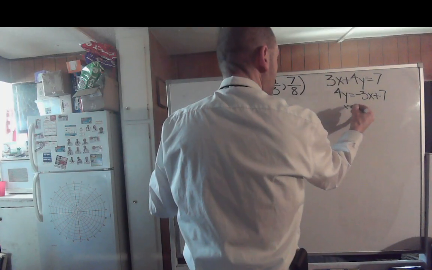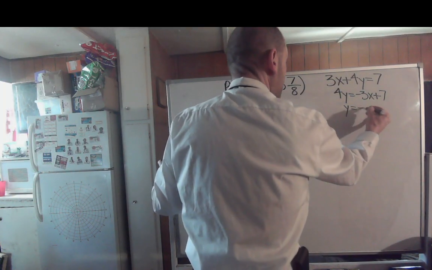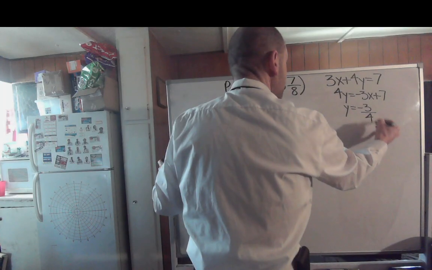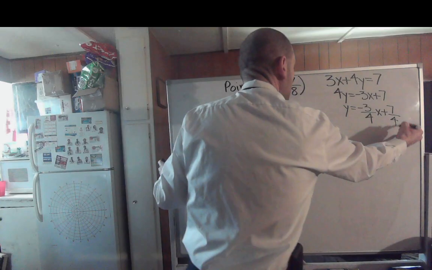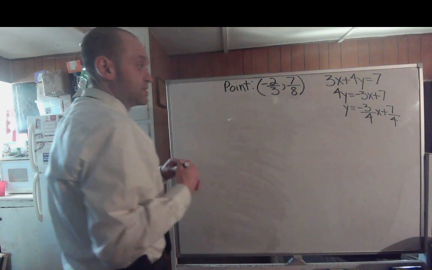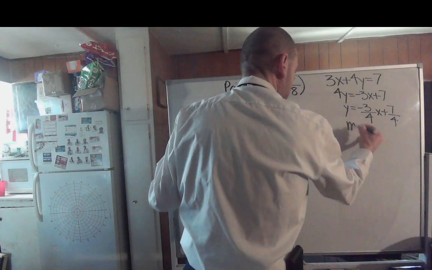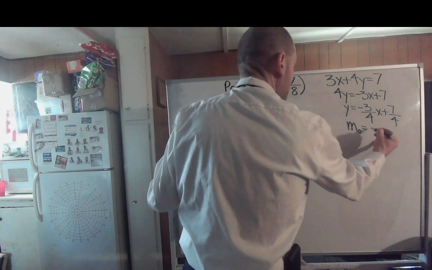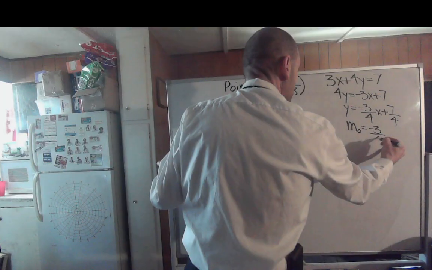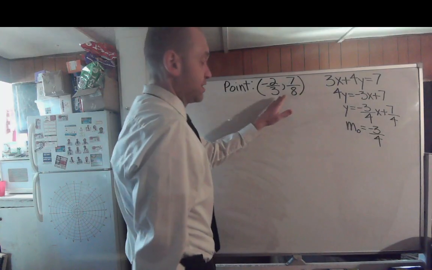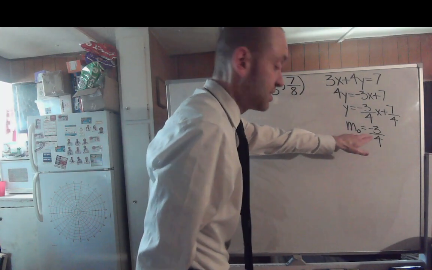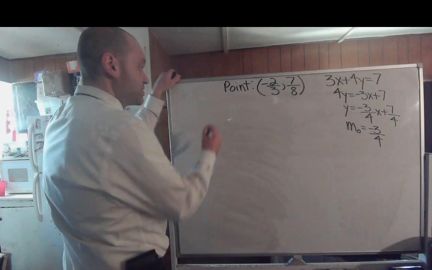So that means y would equal negative 3/4 x plus 7/4. So that means the slope of the original line, m sub 0, is negative 3/4. That means if you want a line parallel to this line running through this point, you need to use the same slope of negative 3/4.